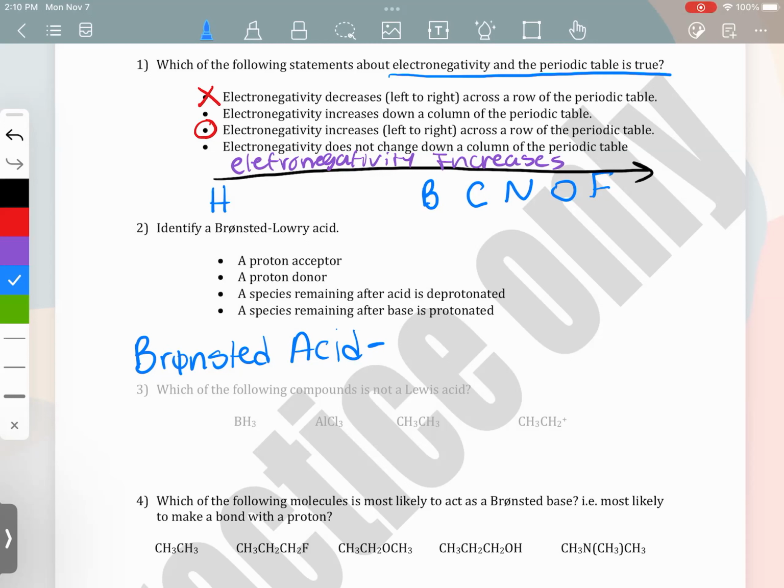I'm pretty sure the acid gives the proton to the base, and with the Lewis, the base gives the electron to the acid. Right. Bronsted acids are species that donate protons.